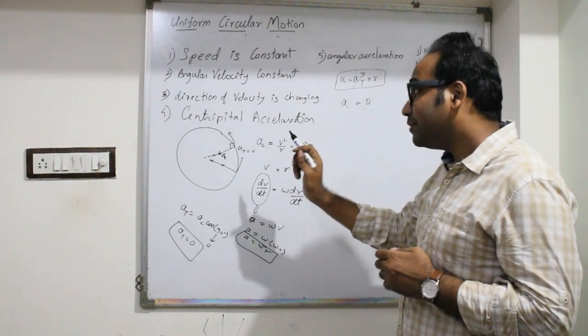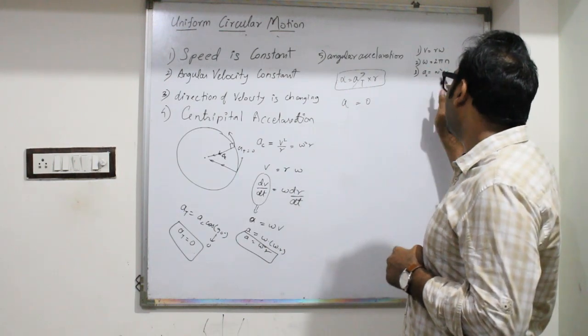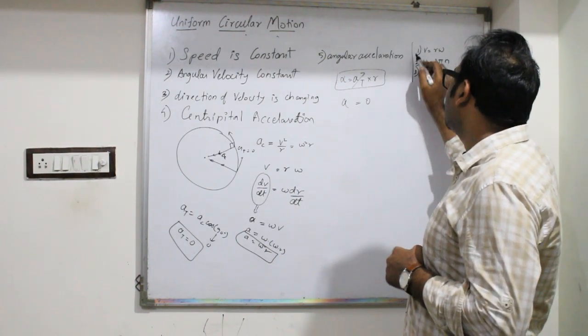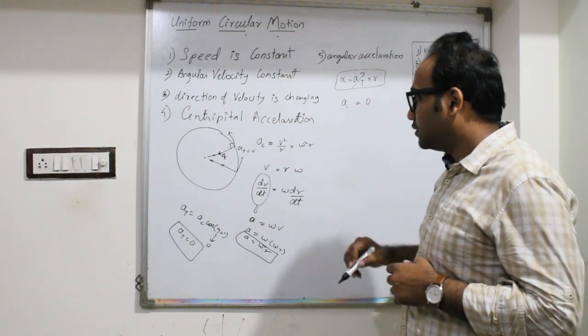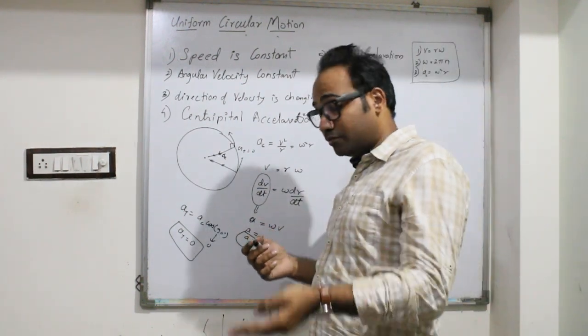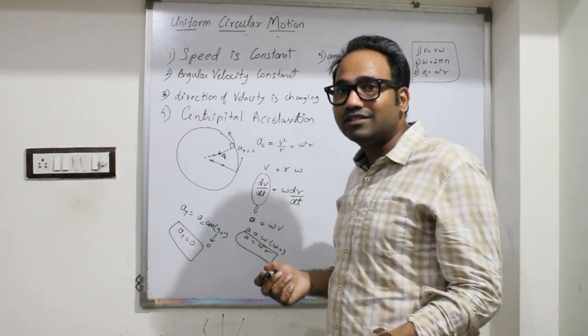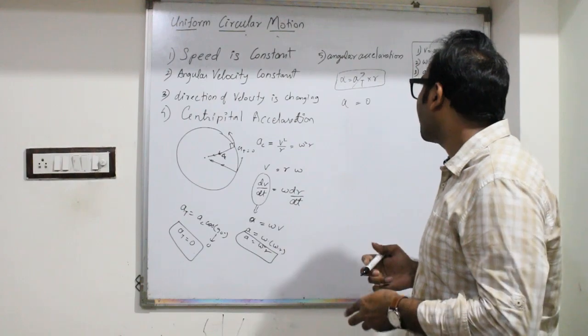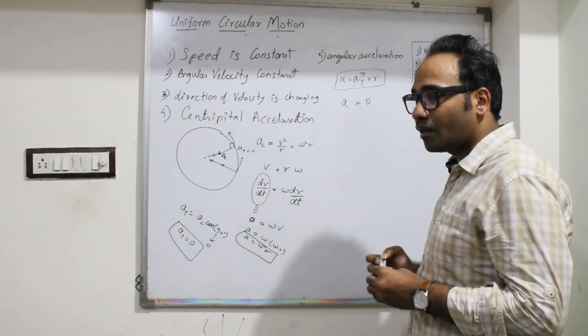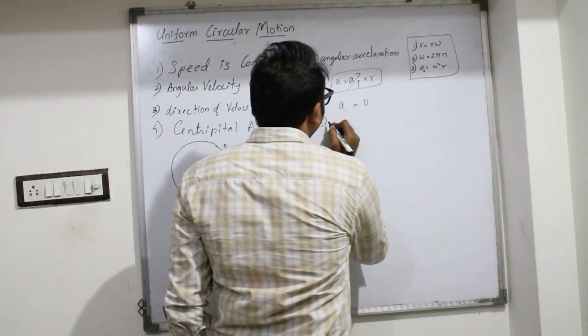My centripetal acceleration will be v square by r or omega square r. This becomes our third formula. We'll keep on recording all the formulas so that in the next videos when we'll be solving sums, it will be useful. So now we'll understand centripetal force.